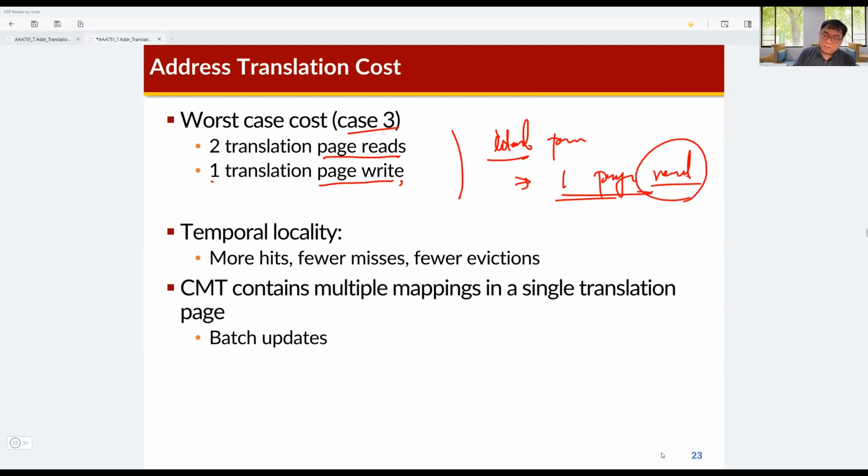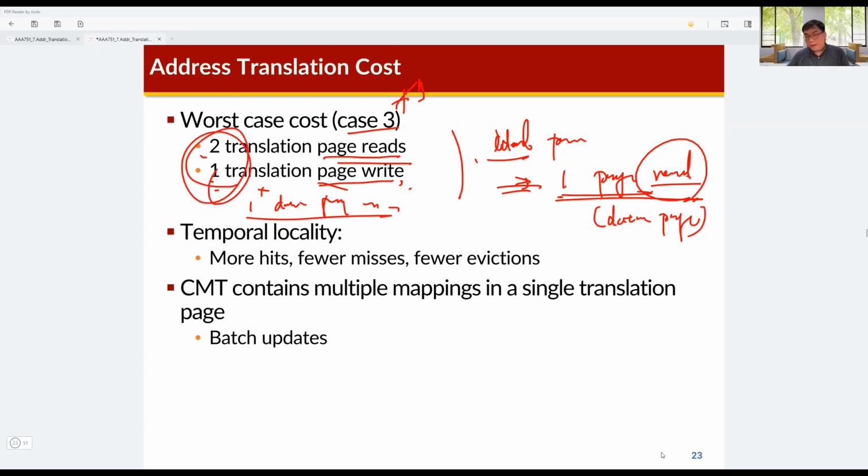But compared to this overhead, the worst case of the Dftl is two page reads and then one page write, plus one data page read. Translation page read. But the ideal page level mapping just requires the one page read for data page. So these are the additional overhead for the worst case.